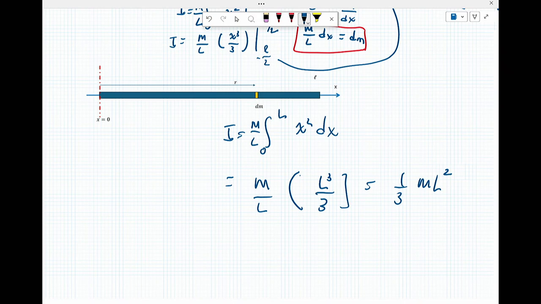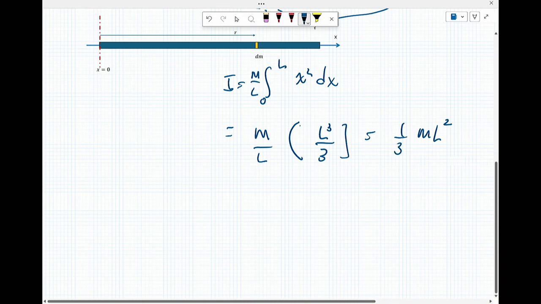All of this you can derive, but it is not worth deriving each time. It's really important to know the fundamentals.